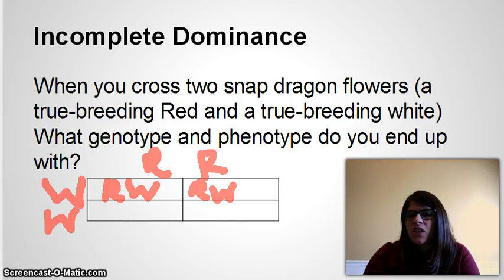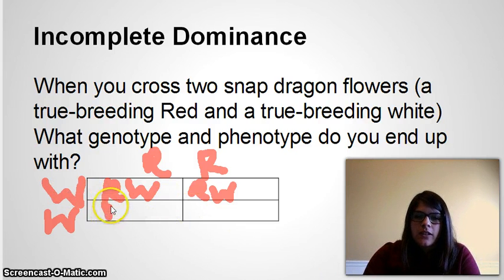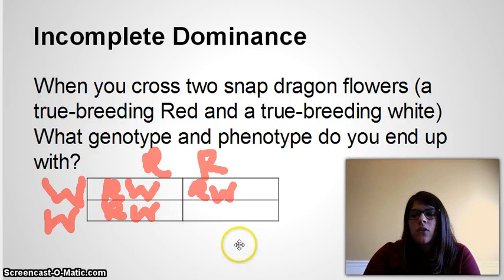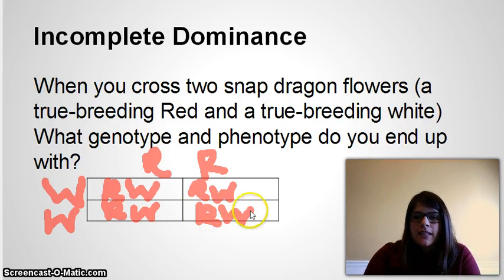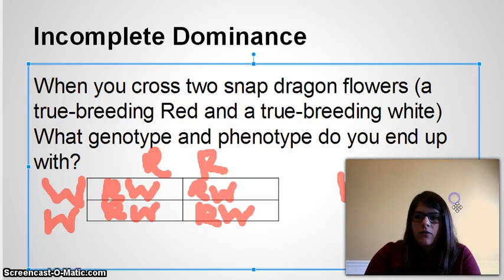So we have the genotype red and white, or RW, and the phenotype of our flower is now going to be pink. So we have a pink flower with both R and W as their genotype. Now, as you can see, we have 100% that are going to be that phenotype. So, pretty important to know.